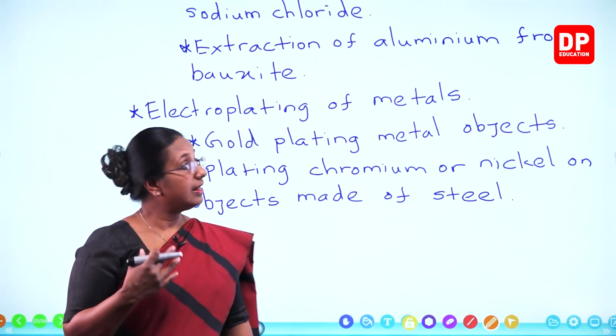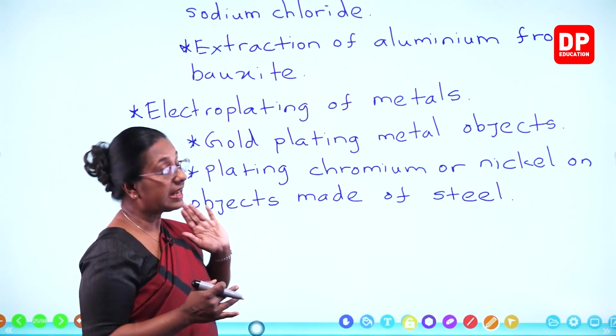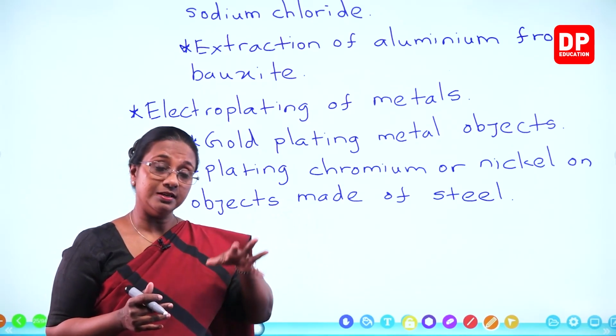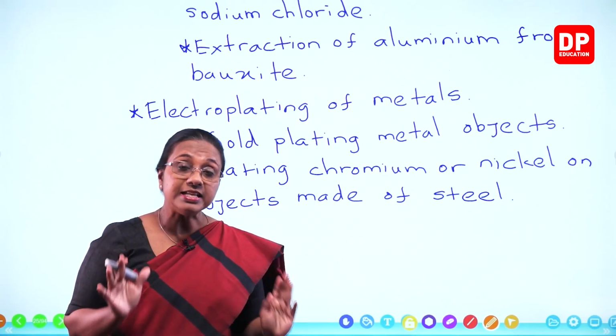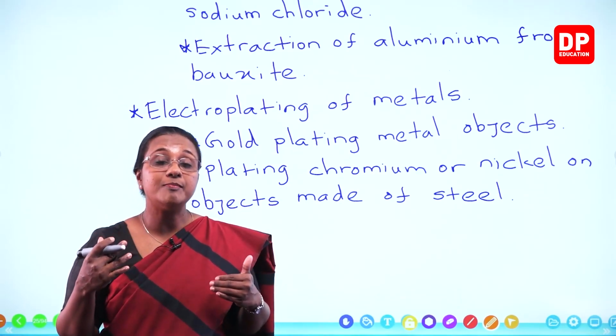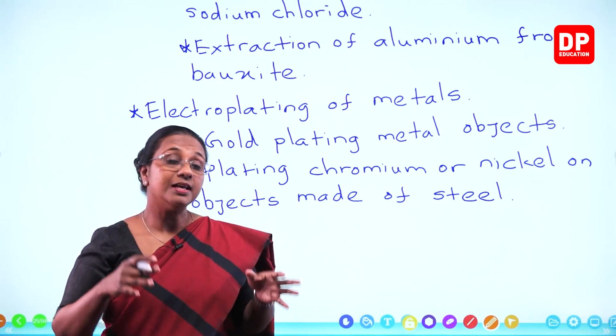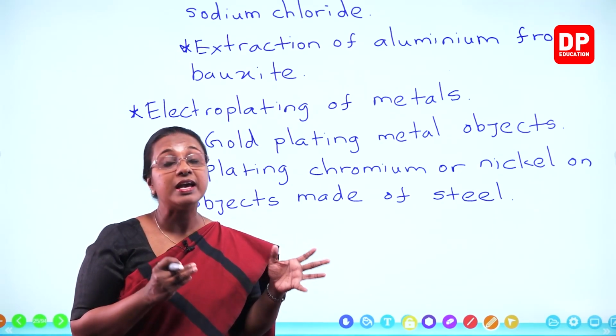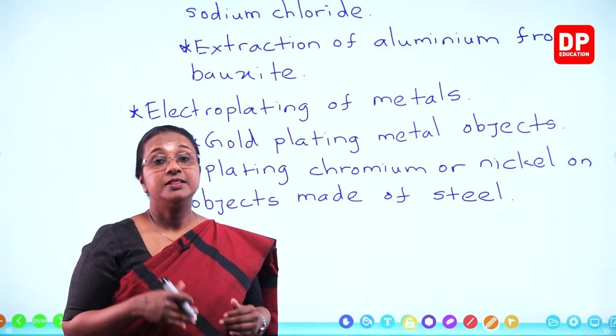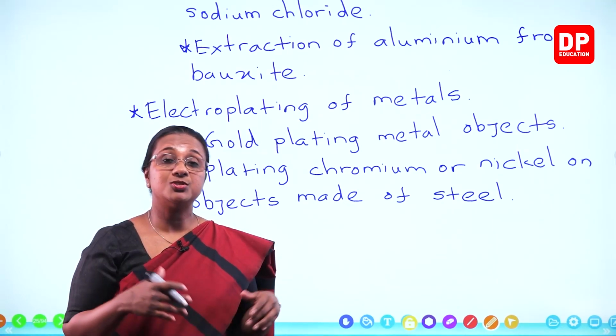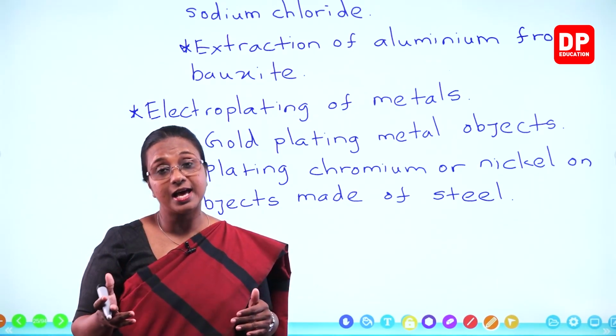electrolysis. Then we already discussed that we can extract metals using electrolysis. In addition to that, now if you have metals that have already been extracted, but there is a certain amount of impurity, then to purify that metal also we can use electrolysis.